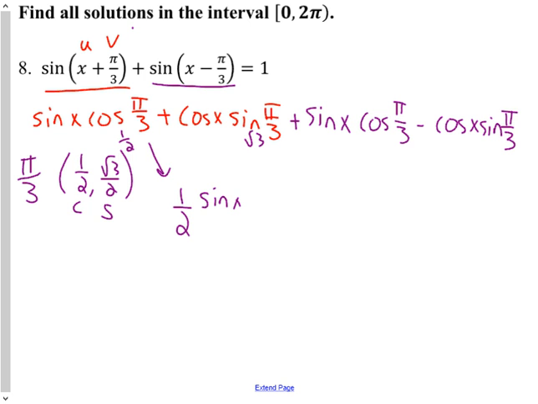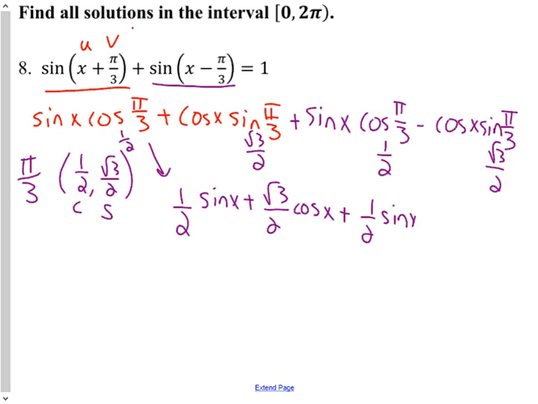This one's root 3 over 2. And then this one's root 3 over 2 over here. This one's half. So we got half sine of x with the first piece plus square root of 3 over 2 cosine of x, plus half sine of x down here minus square root of 3 over 2 cosine of x.